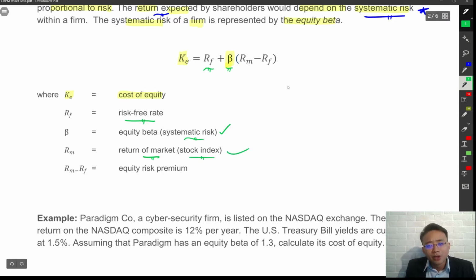For example, the S&P 500. Or if Singapore, it would then be the Straits Times Index, the STI. In Japan, it might be the Nikkei 225.